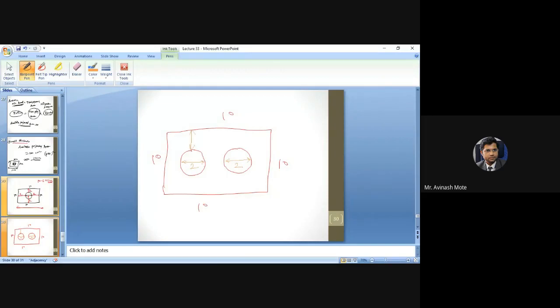This one and this one are going to be the same. Only you will have to maintain a proper distance here, so try to go for at least the same distance. So this 2 plus 2 is 4, and the remaining is 6. It will be 2, 2, 2. Getting it? Got it?